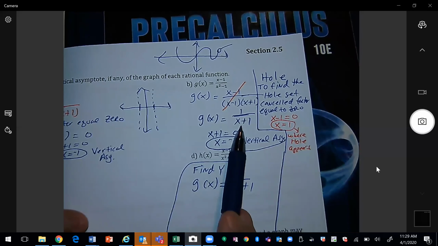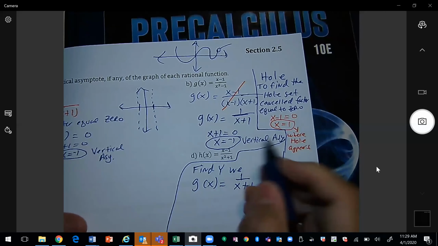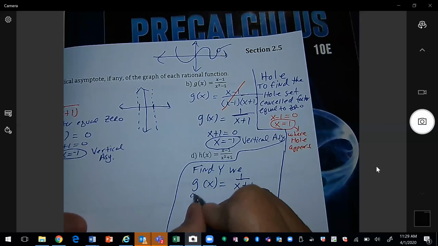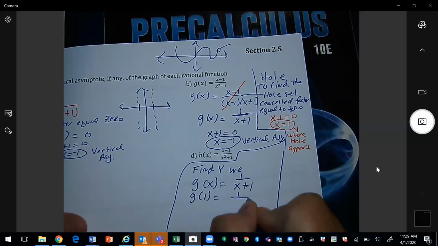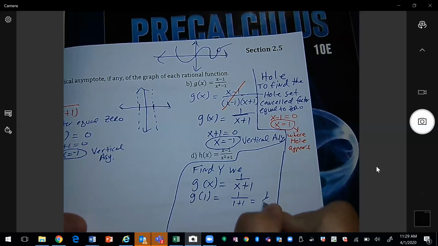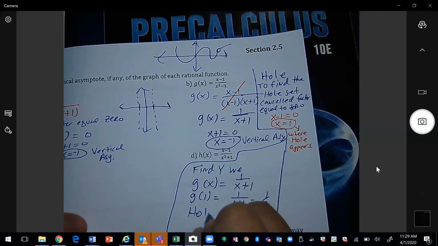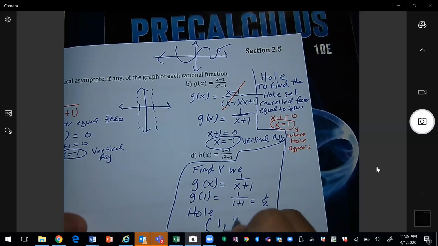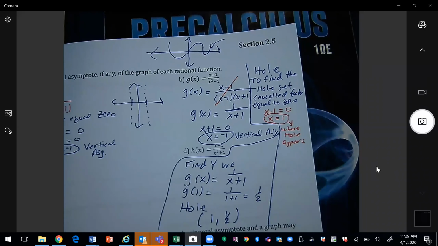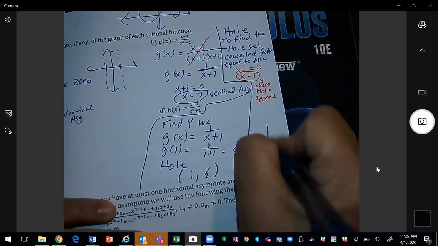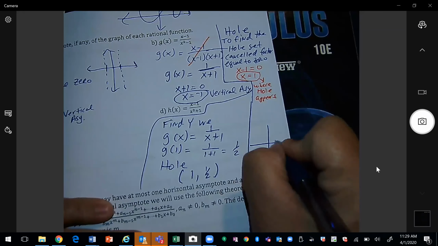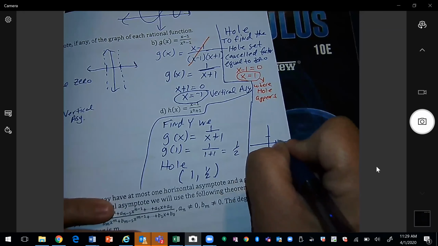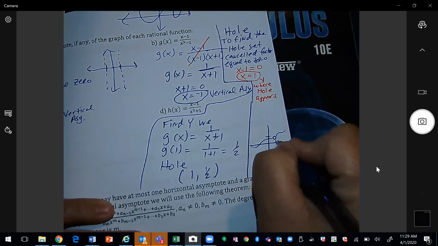So remember up here, this is what we had left. So we plug it in here as our function. And since x is equal to 1, we're going to substitute the 1 for x. So we get a half. So the hole is going to be at (1, 1/2). So whenever you draw your graph, for example, here's 1 and here's a half. The graph would have an open circle at that point.